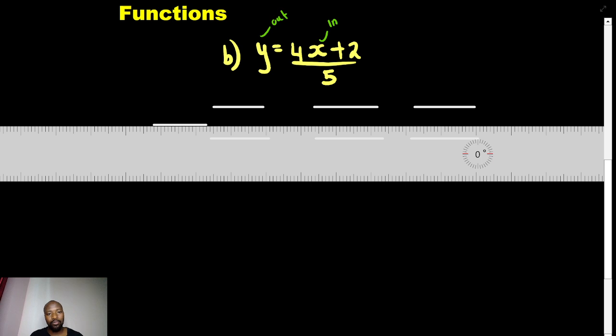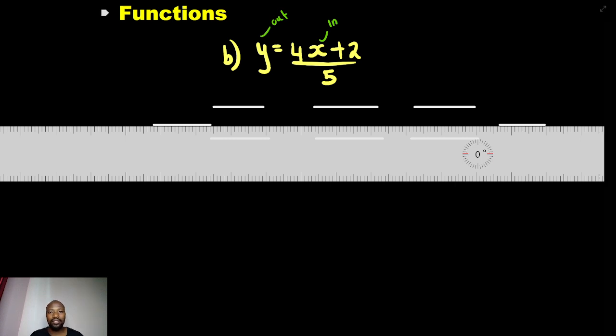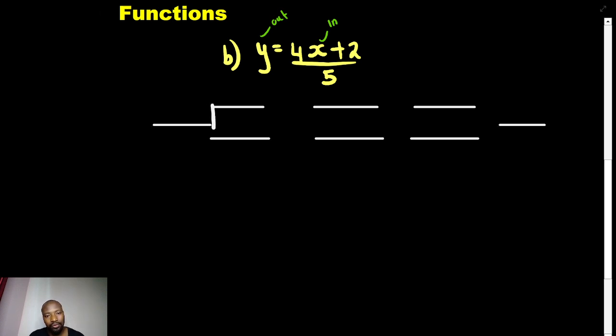So this is the input part, and then the output part is somewhere here. So let me just use those ones. So this is the first operation here, and then there is the last one here.